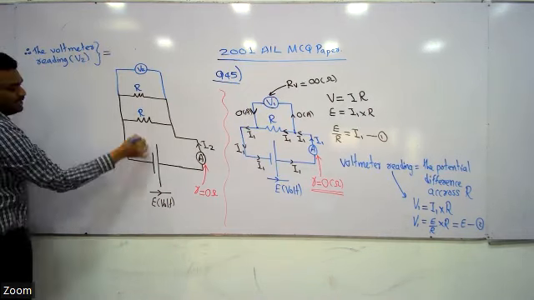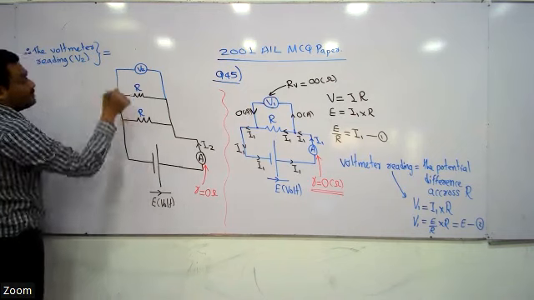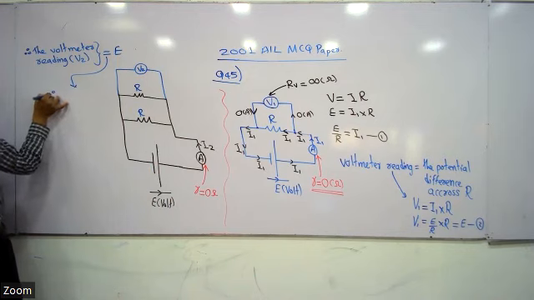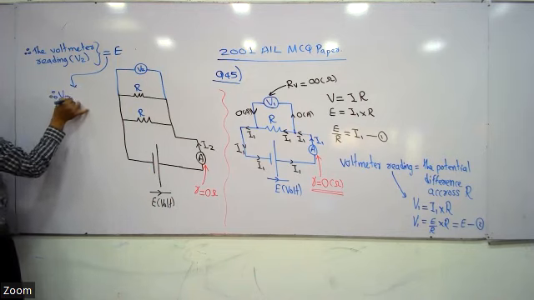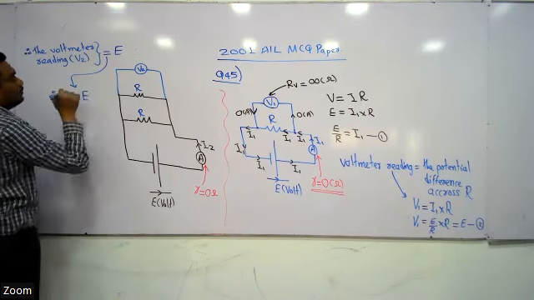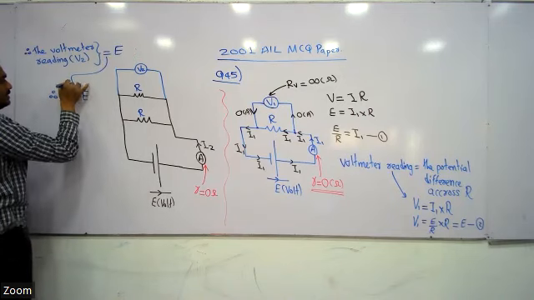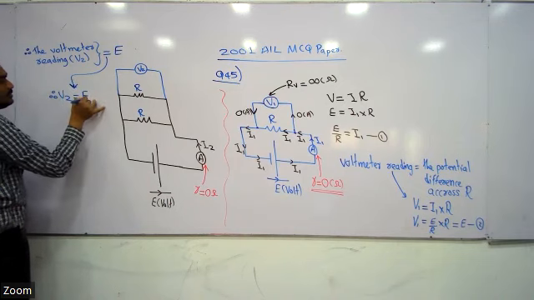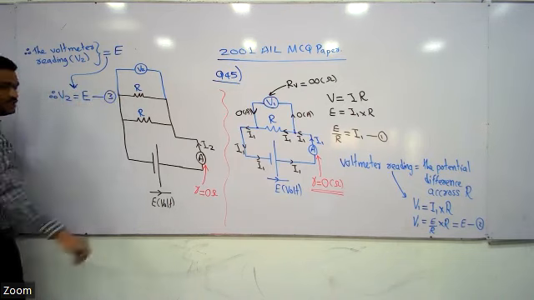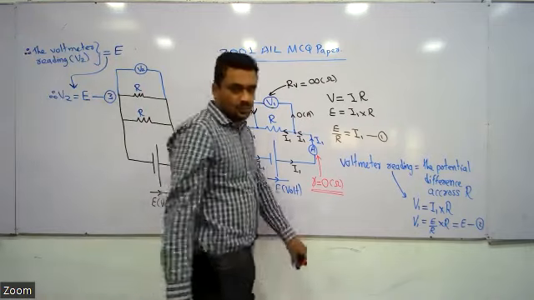This V2 should be equal to the EMF of the battery, that is capital E. So I can write V2 equals capital E. Let me mark this as the third equation.